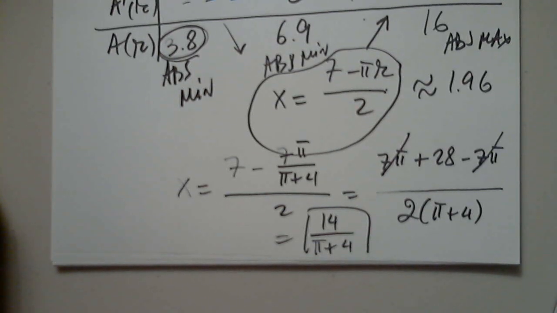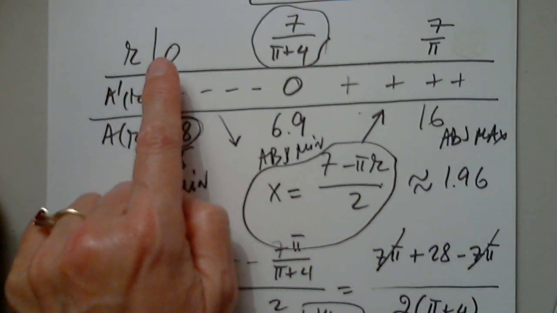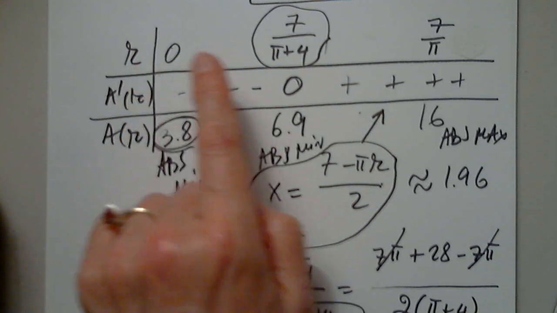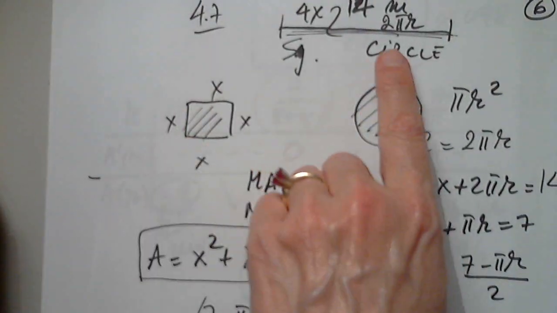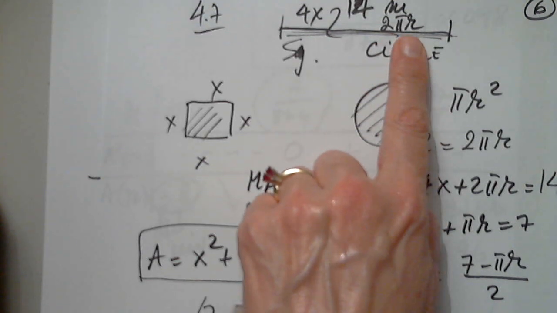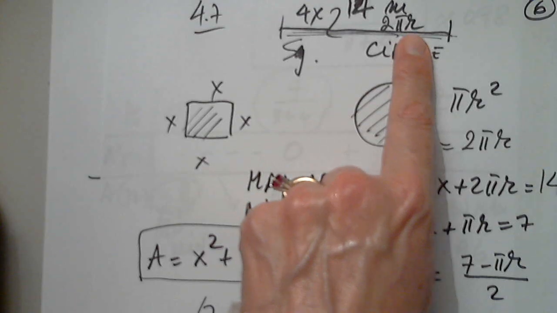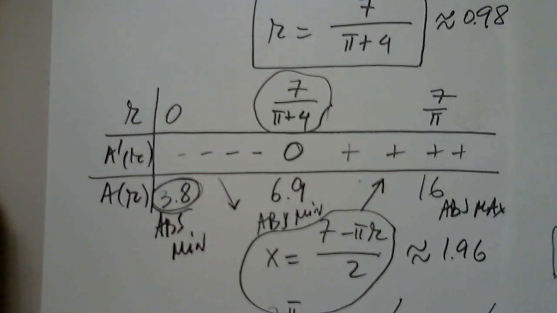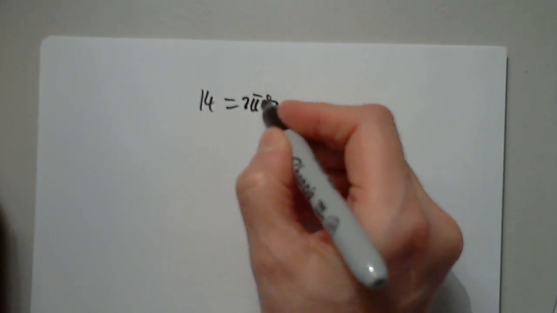Because, look here, stop sharing for 1 second. I want to give you the explanation why I would put 0. So when the radius is the maximum, 14 equals 2 pi r. So let me write this here. 14 equals 2 pi r.